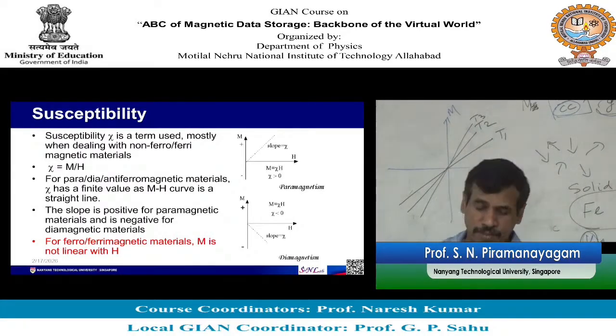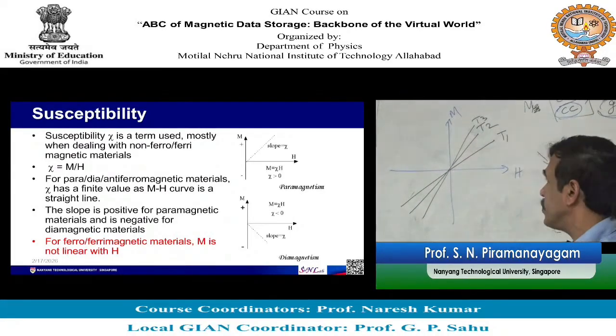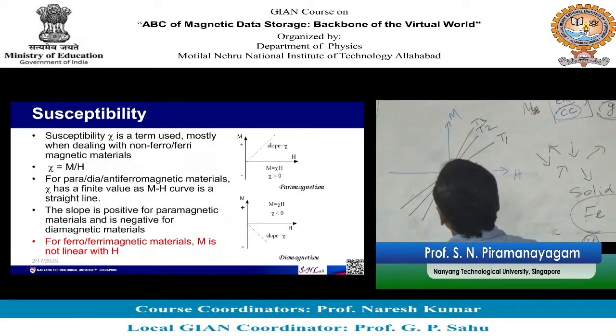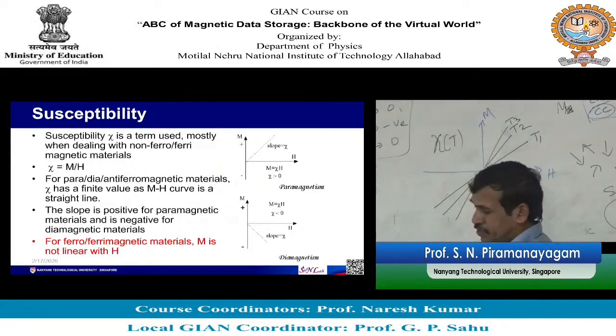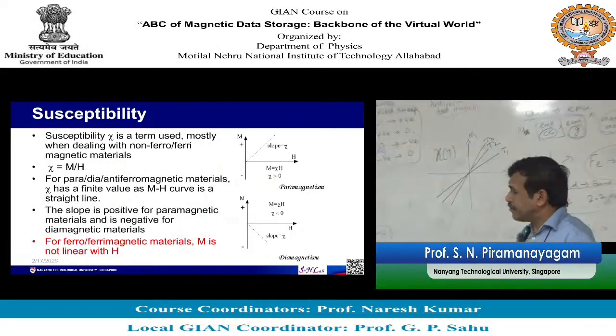So, I measure the MH curve at different temperatures and plot the susceptibility, I mean take the slope and plot the susceptibility as a function of temperature. Then I will get different properties.